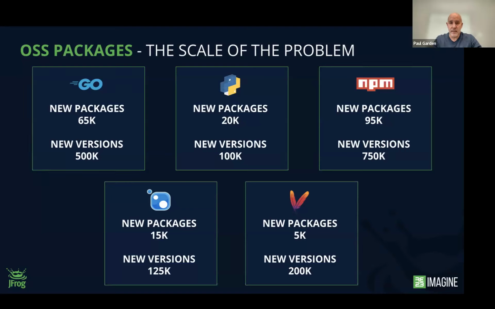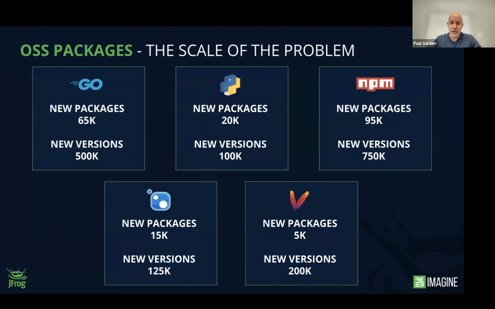Now, the problem is developers can't even keep track of just these individual packages. They don't know whether it's secure, insecure, has an operational risk, or what the license type is. And then the compound effect on that is, if you look at these numbers like NPM, for example, this is just in a month, and I think we did this in January this year, there are 95,000 new NPM packages every month.